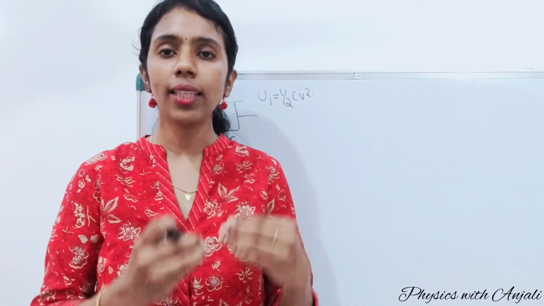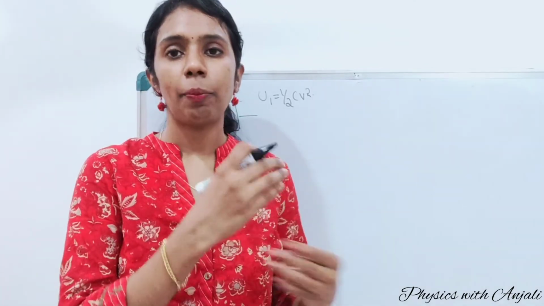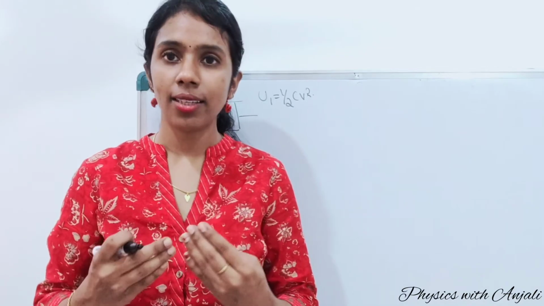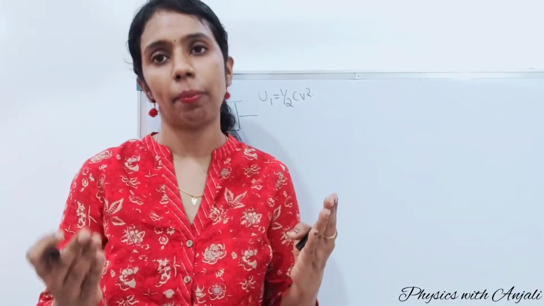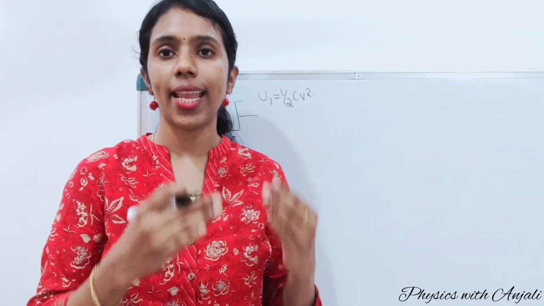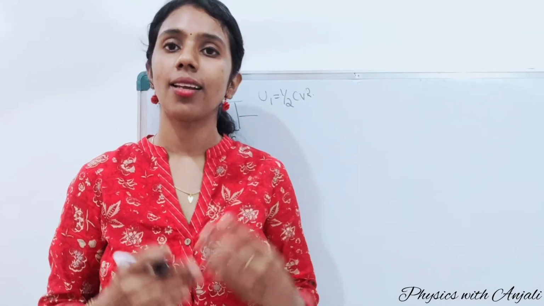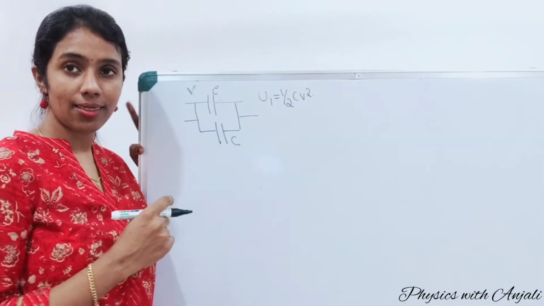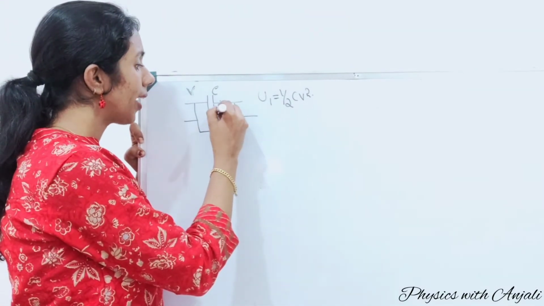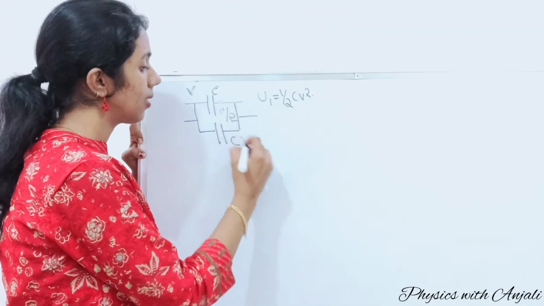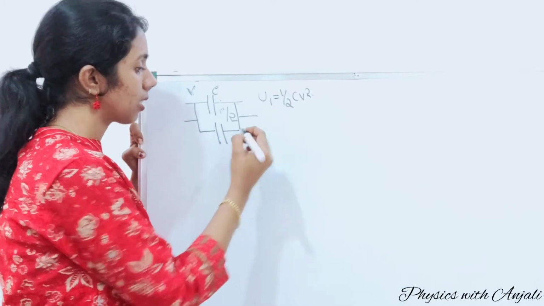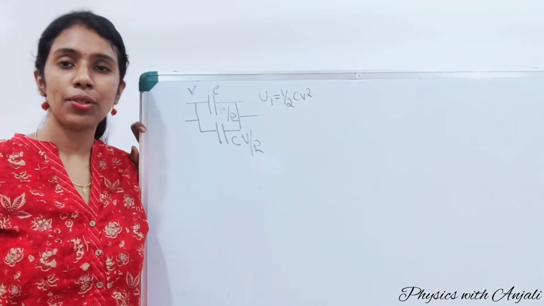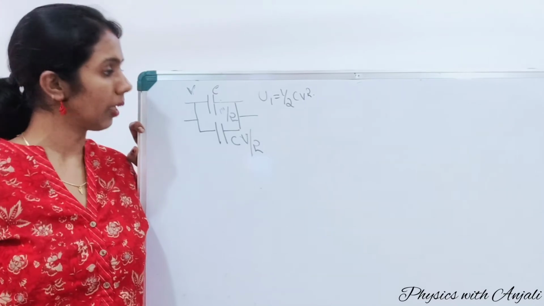So if initially the potential is V, the process continues until the potential across both the capacitors becomes the same, that is V by 2. So after connecting an uncharged capacitor, the potential across both the capacitors will be the same, that is V by 2.